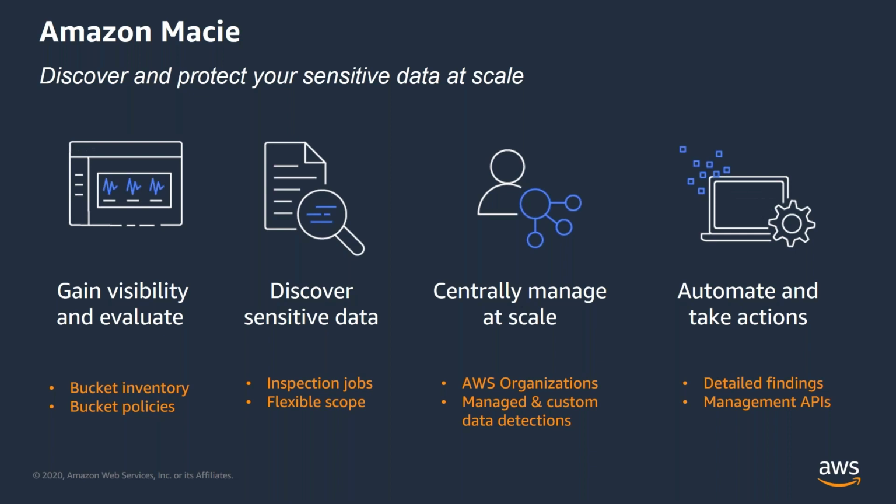Once customers have visibility into where all the data is, then they can go ahead and prioritize and define, based upon either their data regulation policies or their data governance policies, where and how much they want to inspect the data to discover the sensitive data in their data sets.